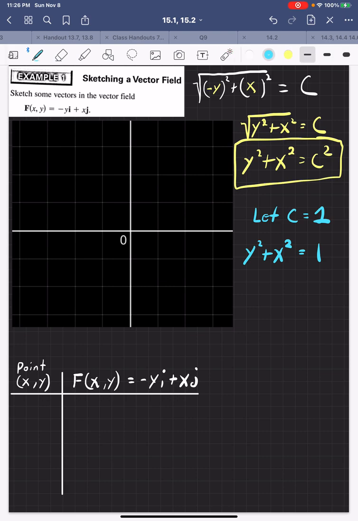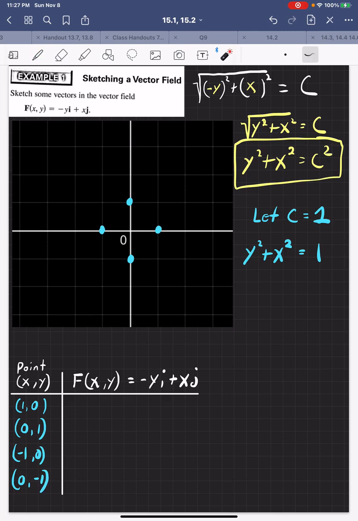So let me go ahead and plot them. We want the vectors that would be plotted at each of these points: the points (1, 0), then (0, 1), then (negative 1, 0), and then (0, negative 1).